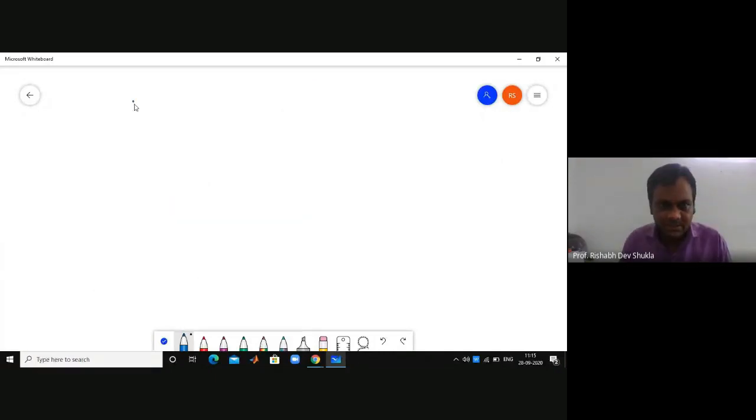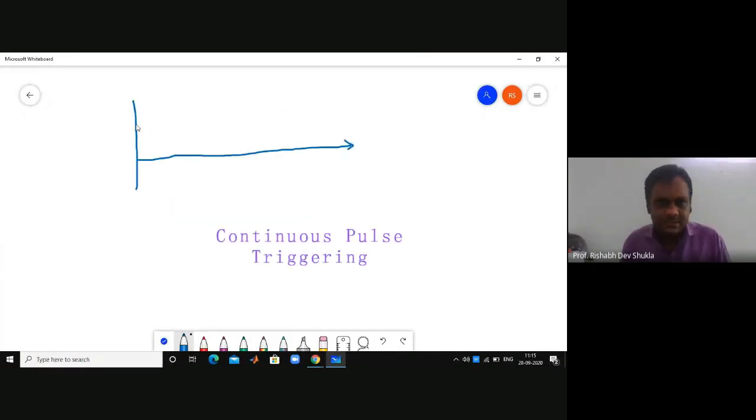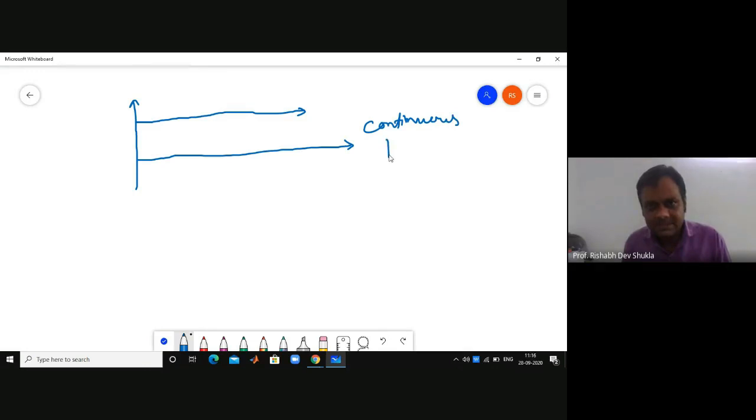There are two kinds of triggering in thyristors. First is continuous triggering, also known as continuous pulse triggering. Continuous pulse triggering means a continuous DC voltage is connected.